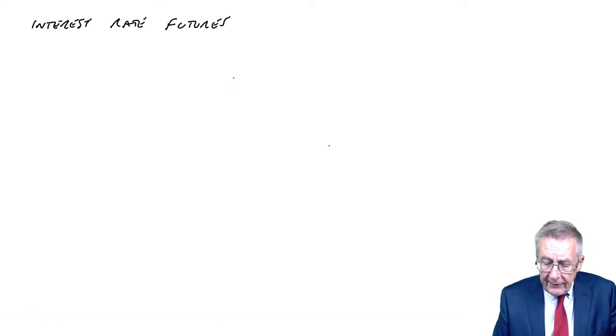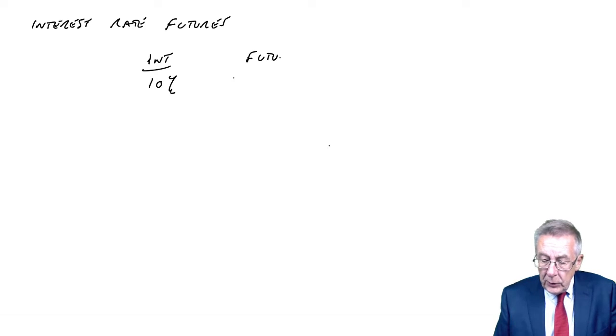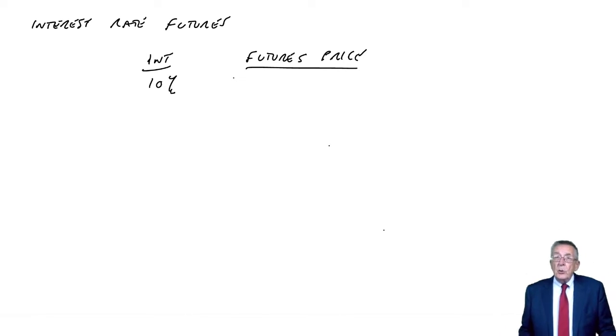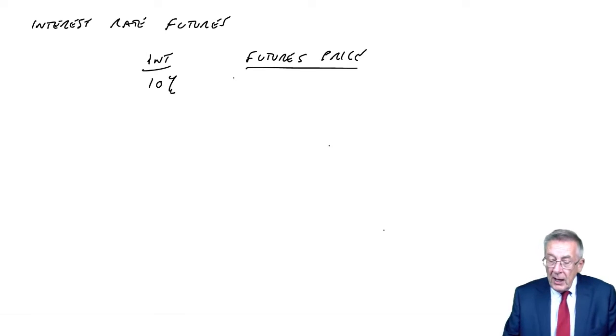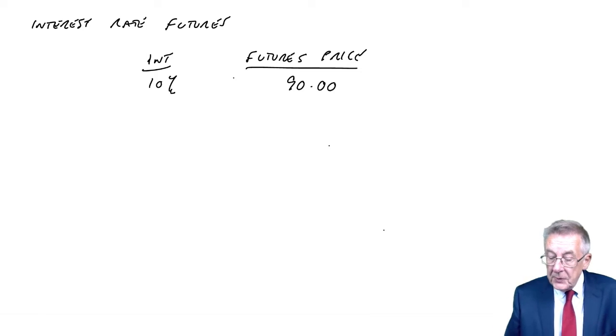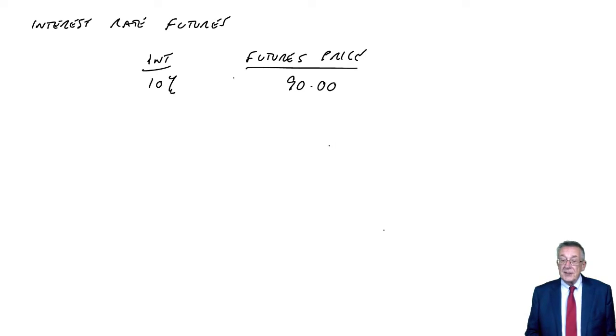What happens is, if the interest rate was, say, 10%, the equivalent futures price is quoted as a number, and it's always quoted as 100 minus the interest rate. So 100 minus 10, the futures would be quoted as 90. And these are quoted to two decimal places always.